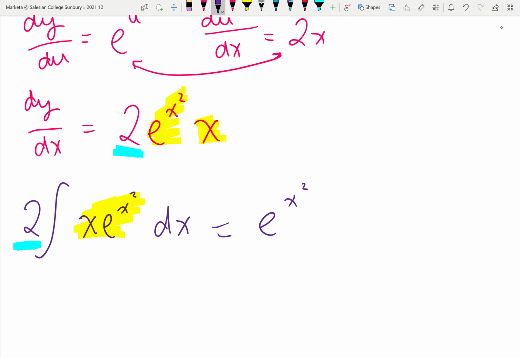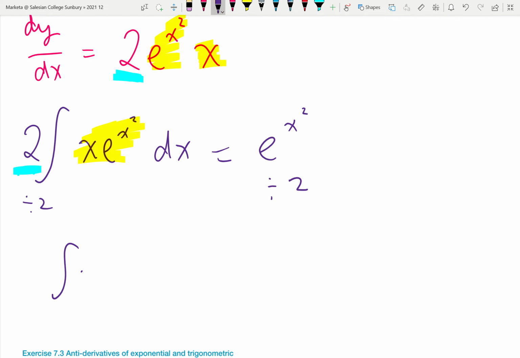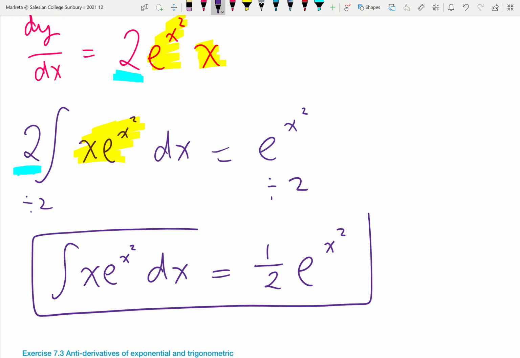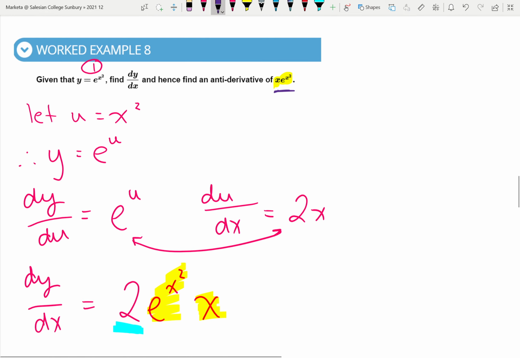So what I do, I divide by 2 on both sides. And we get the antiderivative of x e to the x squared dx is going to equal half e to the x squared. And you could put it as e to the x squared on 2 if you wanted to. That would be the same thing. All right. And I believe that is the end.